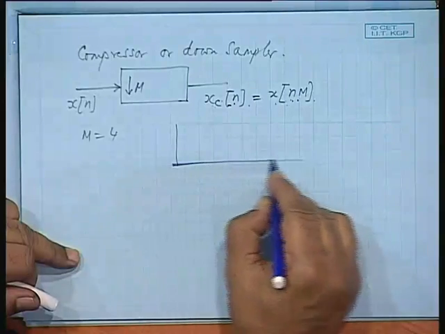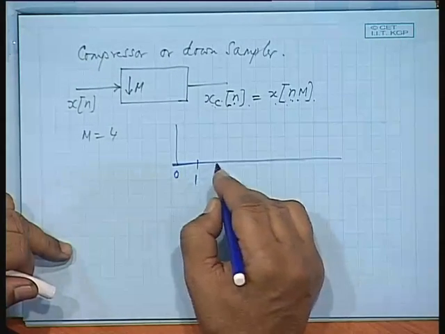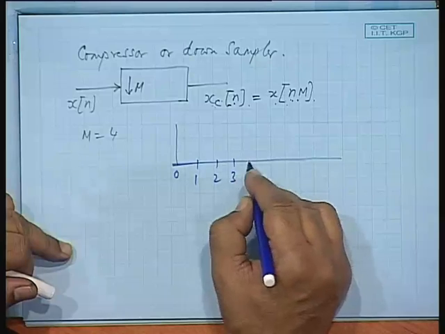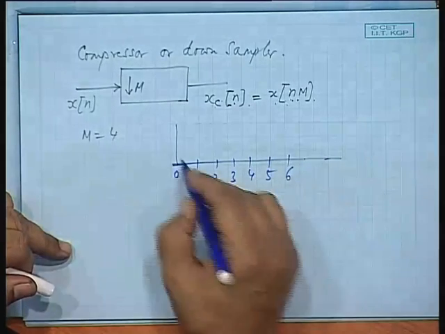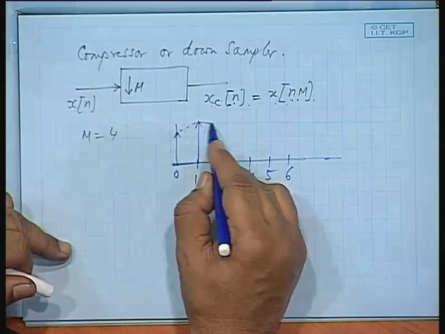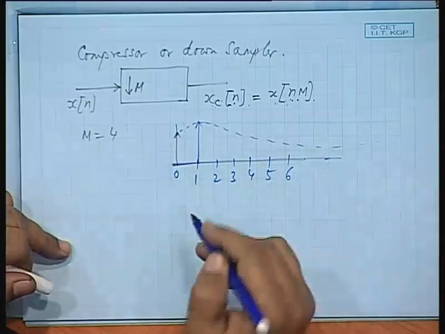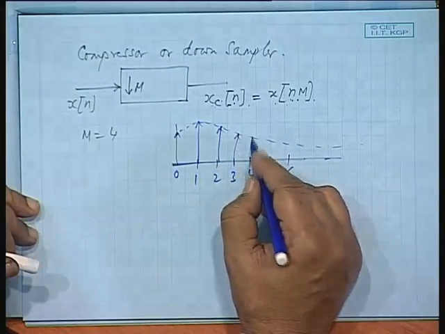So, 0, 1, 2, 3, 4, 5, 6 and so on, and suppose these are the values. This is say the original analog function, the continuous domain function, and we are sampling it at regular intervals, initially at these points.